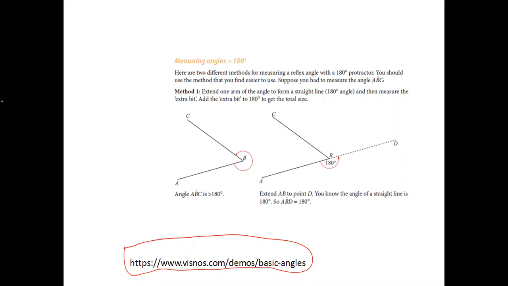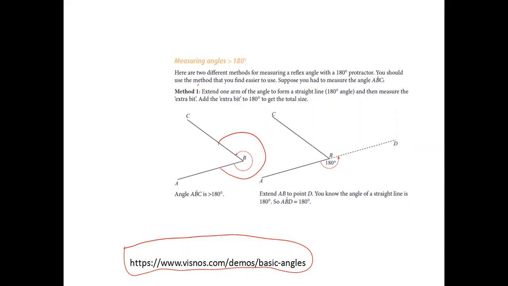Suppose you had to measure the angle ABC. Where's ABC? It's a reflex angle because it's more than 180. So how can we measure it? Method one: extend one arm of the angle to form a straight line, a 180 angle.